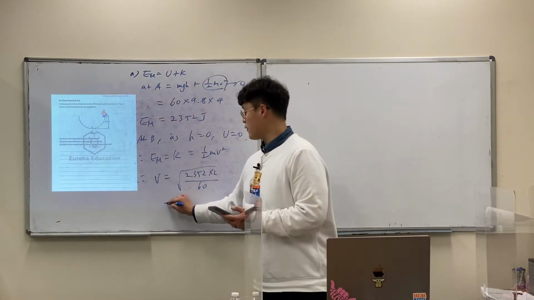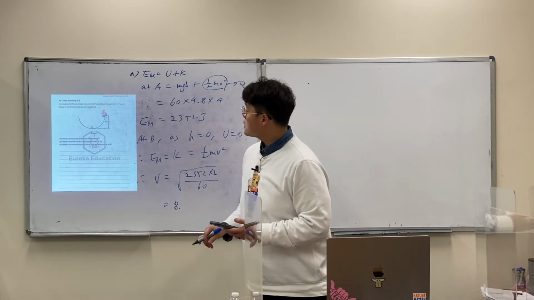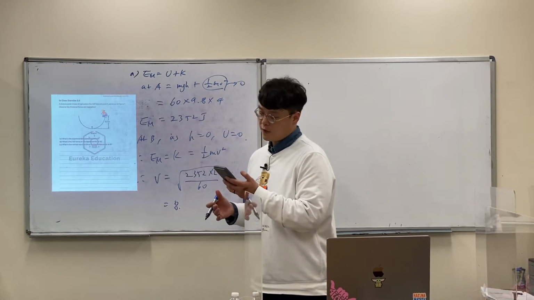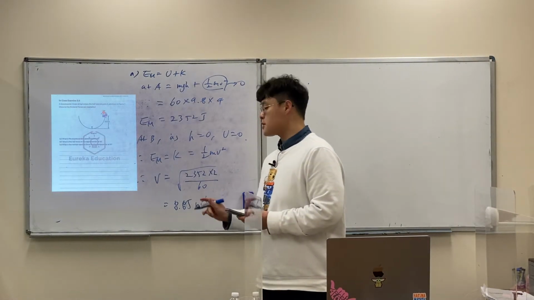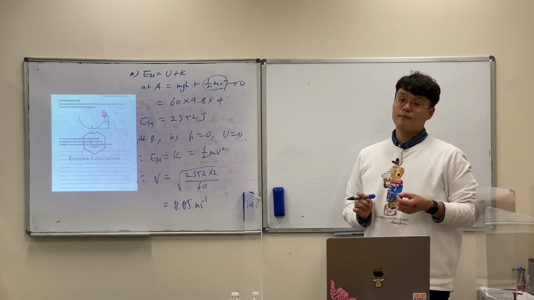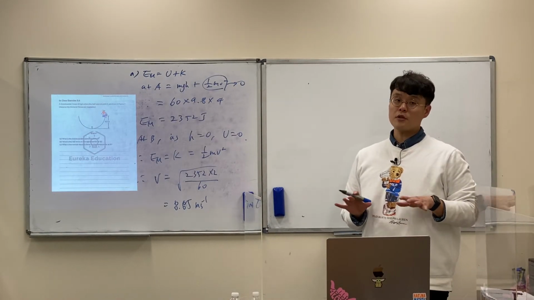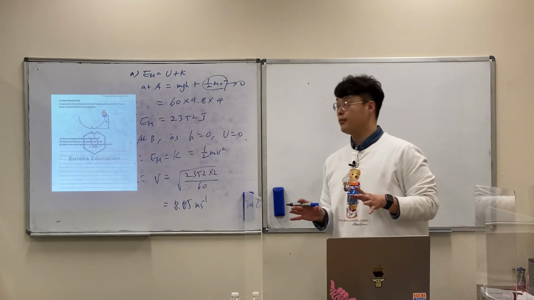Then you get the velocity at the bottom at B would be 8.85 meters per second, to 3 significant figures. There's nothing special. This is just Year 11, module 1 and 2.